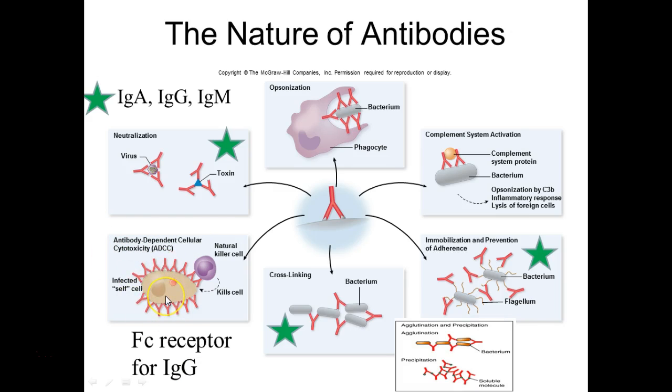If you have a cell that's displaying foreign antigen on its surface and the antibody recognizes it, the antibodies can coat that cell. If it is IgG coating that cell, when a natural killer cell comes along, it has an Fc receptor for IgGs. It will bind to it, and it will send a signal and toxic substances to kill that cell.